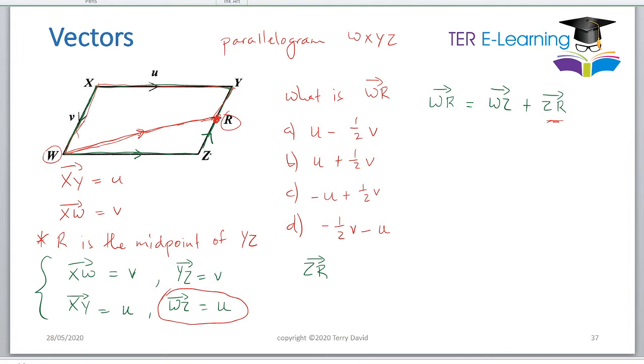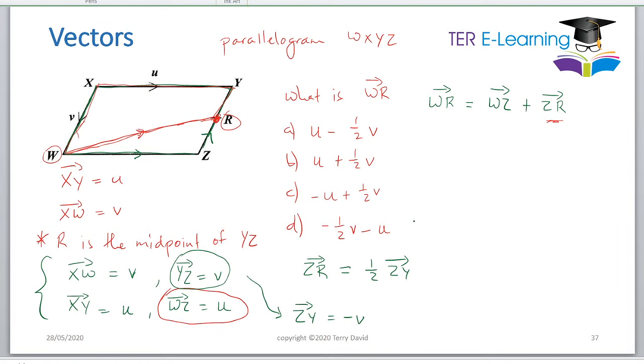So you know what ZY is? ZY is actually not ZY. You know what YZ is? YZ is equal to V, right? So therefore, from this, I can say that ZY is equal to minus V. So YZ is equal to V, therefore ZY is equal to minus V. Now ZR is actually a half ZY, right?